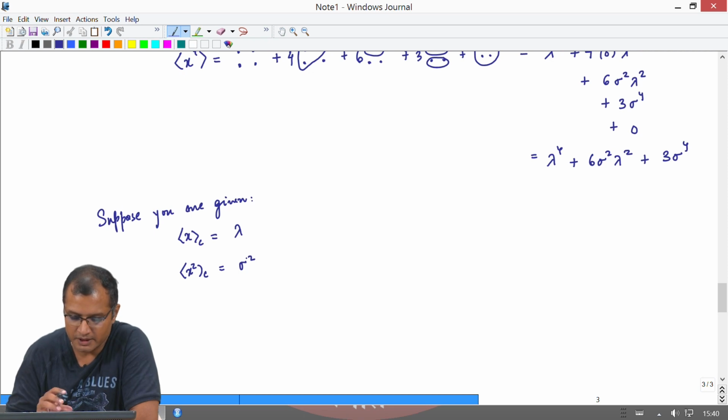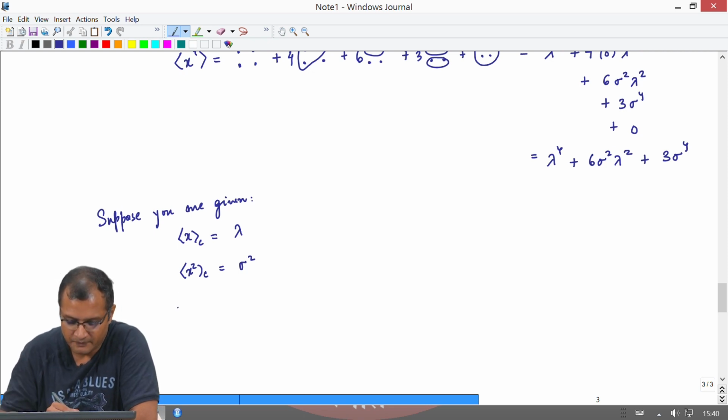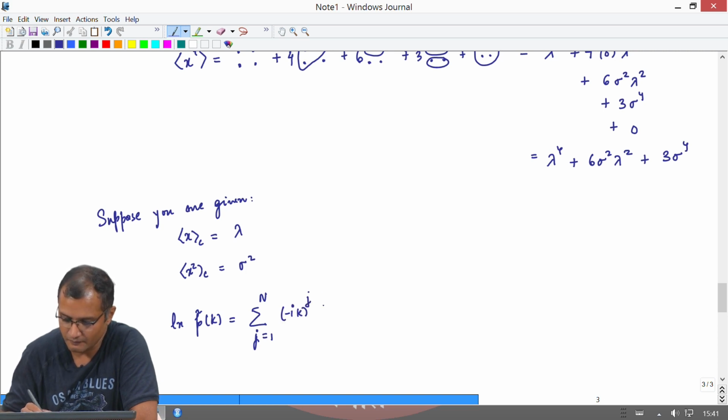Well, you know that the cumulant generating function is an expansion in powers of minus ik. Now, in this expansion there are only the first two terms, all the other terms are 0.